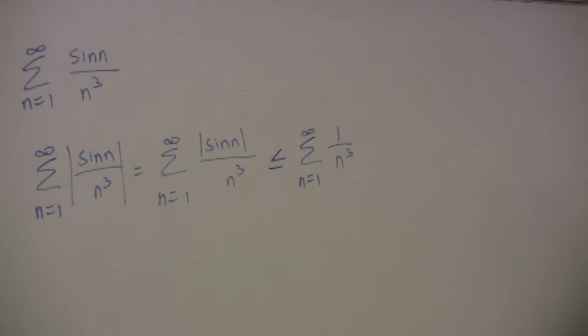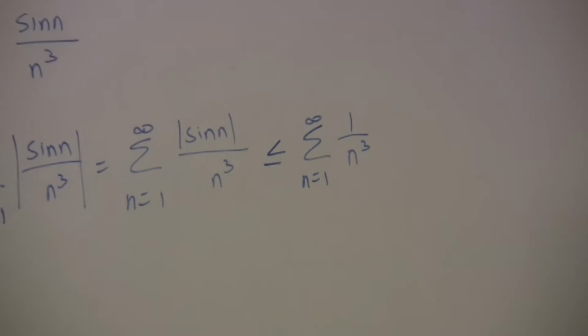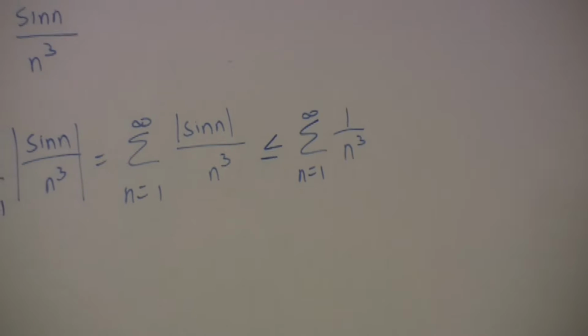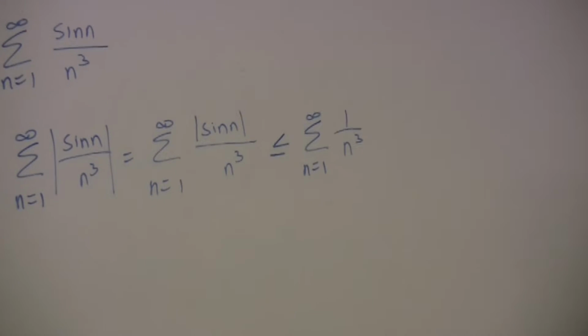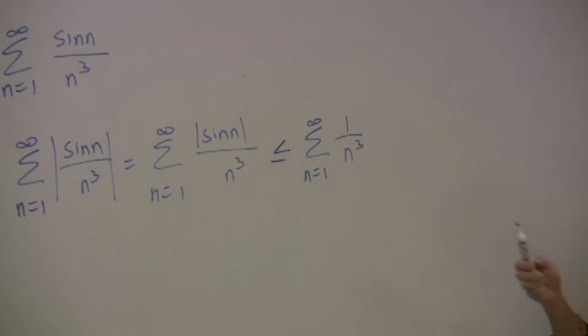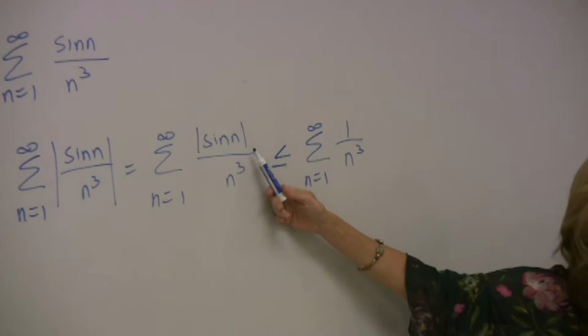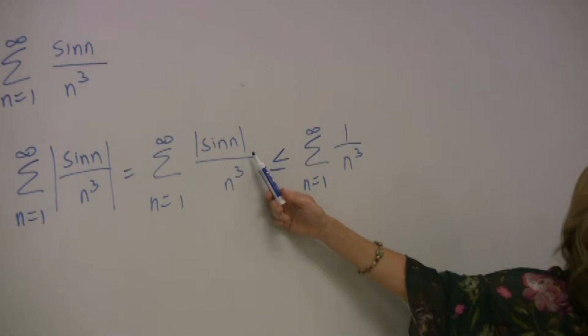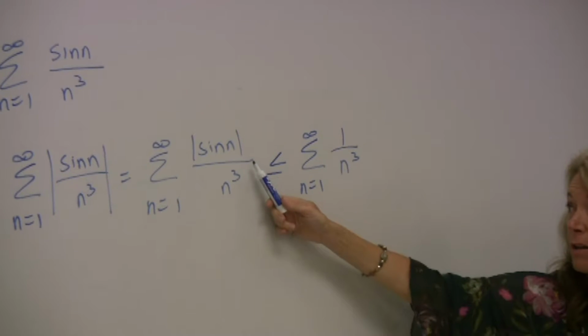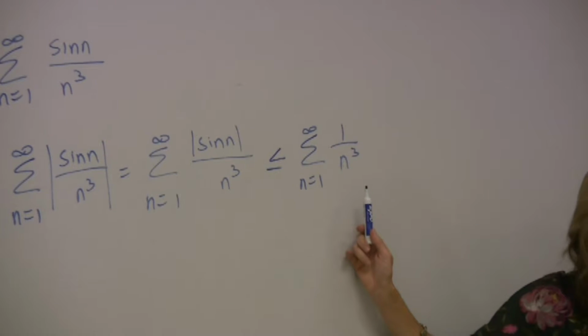Joseph and I had a little conversation a minute ago about why that is actually true. Because what do we know about sine values? They repeat themselves and they're always between -1 and 1. So the highest this could ever be is 1. Most of the time it's going to be something smaller than 1. So this term right here is definitely smaller than this term.